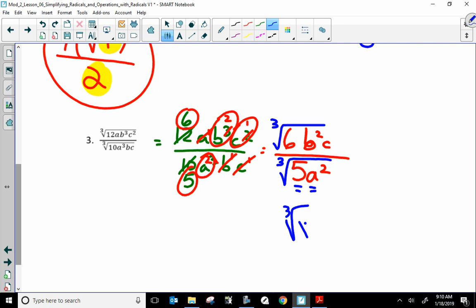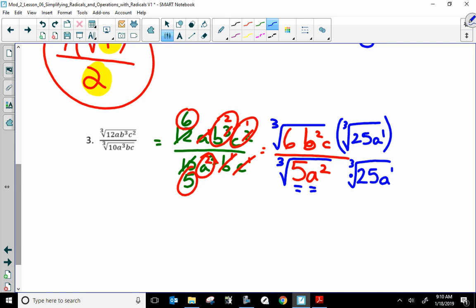But cubed roots cancel with something cubed, so I want to make my a have an exponent of 3. So I'm going to multiply the bottom by 25 a to the first, under a cubed root. What I do to the bottom, I have to do to the top.